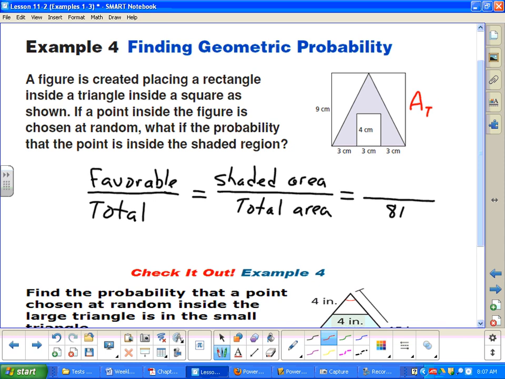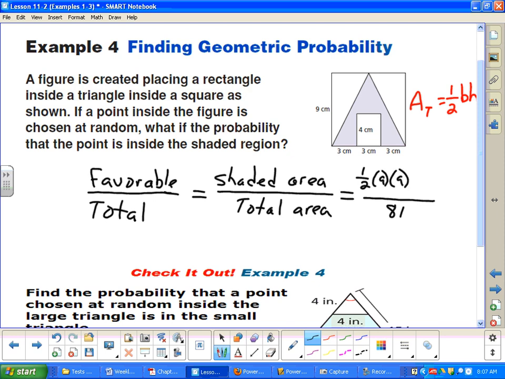The area of a triangle is 1/2 base times height. And the base in this case is 9. The height is 9. So this is 1/2 times 9 times 9.